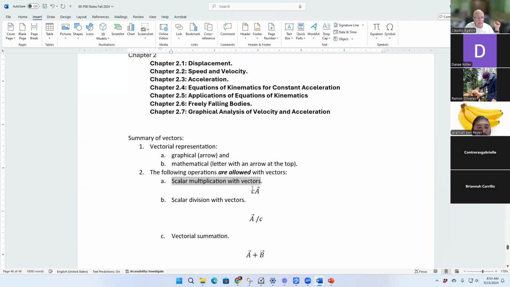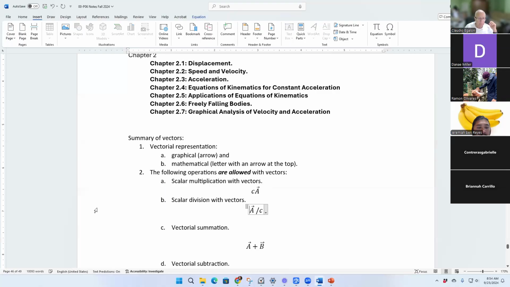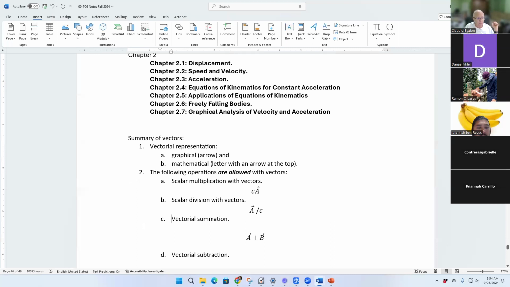Scalar multiplication with vectors. You can do that. Scalar division with a vector. You can do that. Vectorial summation. You can do that. And vectorial subtraction.